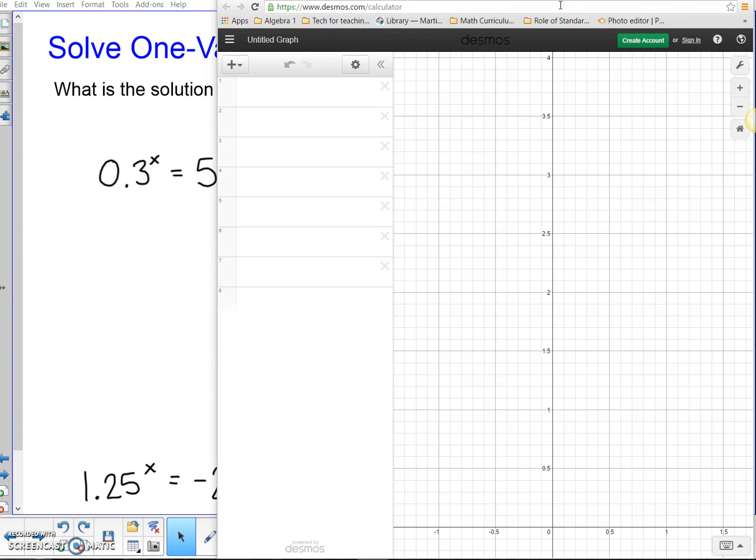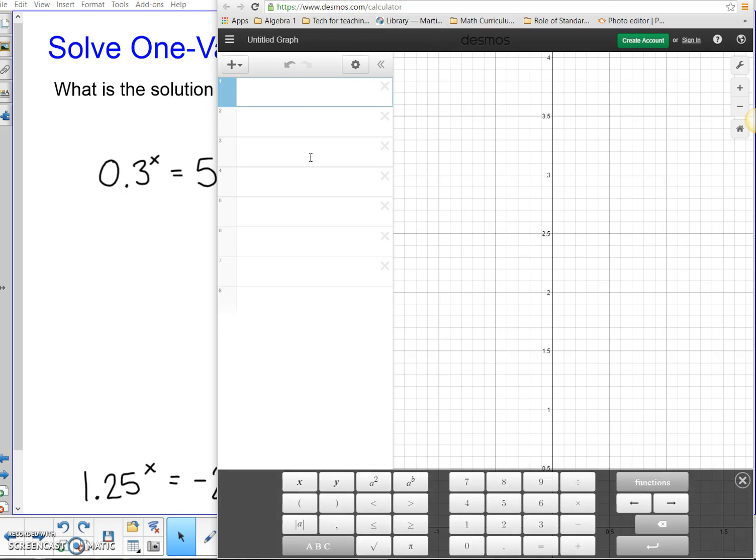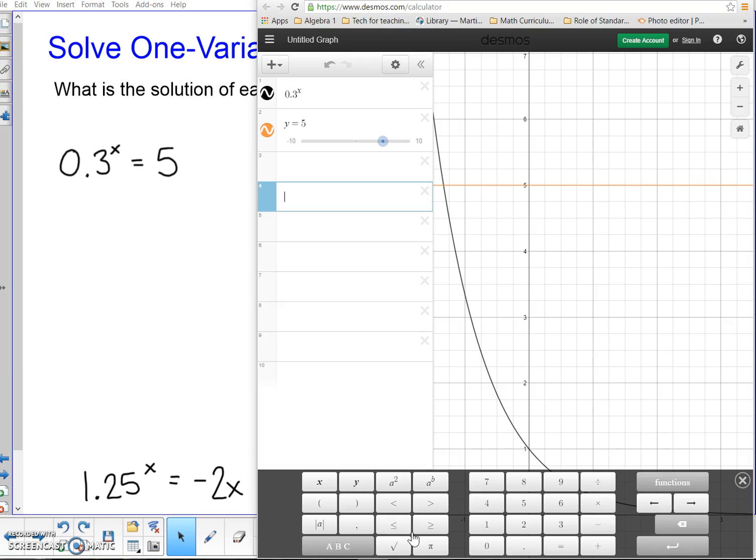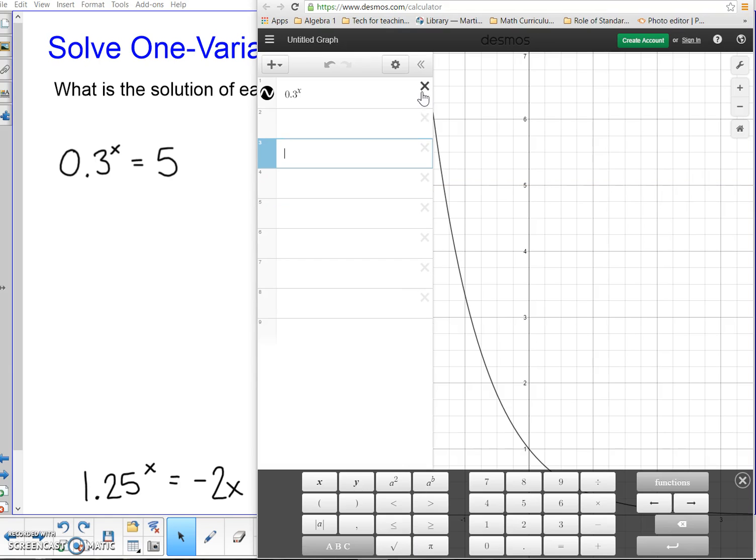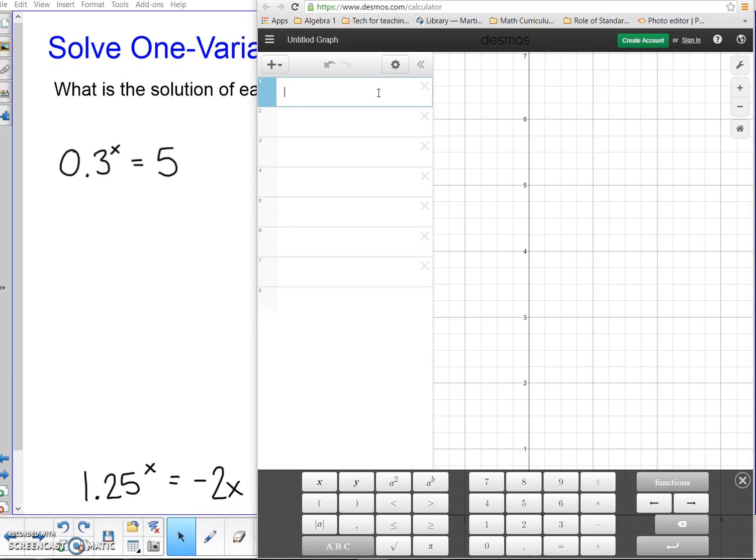Okay, so you can see it's called the Desmos Graphing Calculator, and along the left here is where you're going to type in your equations. Okay, so when I type in my equations, what I want to do is use the little keypad here, 0.3 is the first part, okay, to the x. So you're going to use that A, B button, like the XY on a regular calculator.